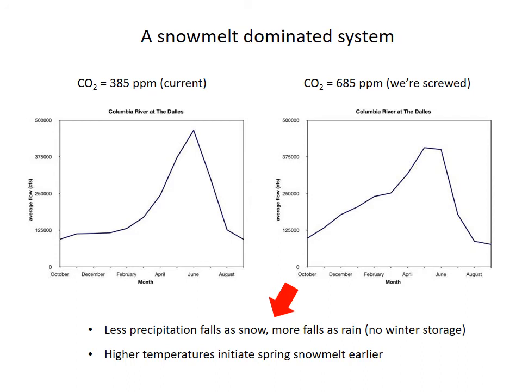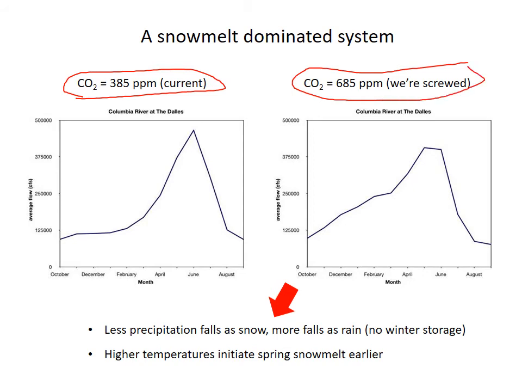So on the left-hand side here you have our more or less current climate situation, and on the right-hand side a really catastrophic climate warming scenario. This is on the y-axis, runoff or stream flow at the mouth of the Columbia River downstream, on both y-axes.